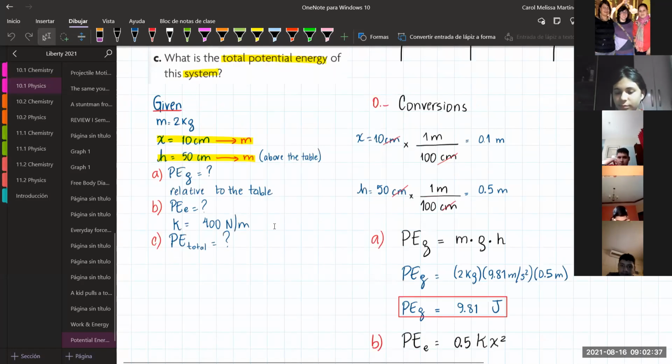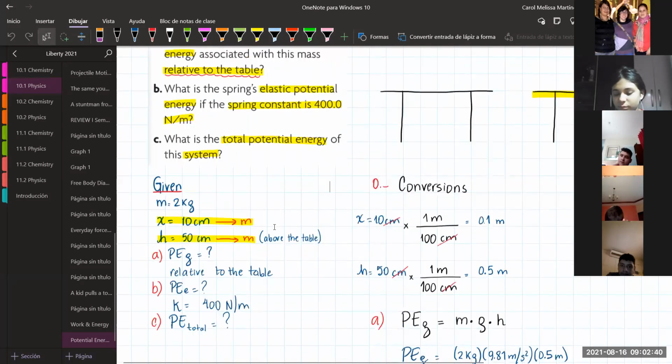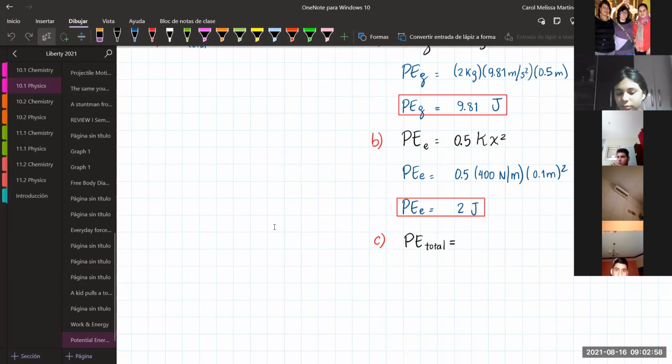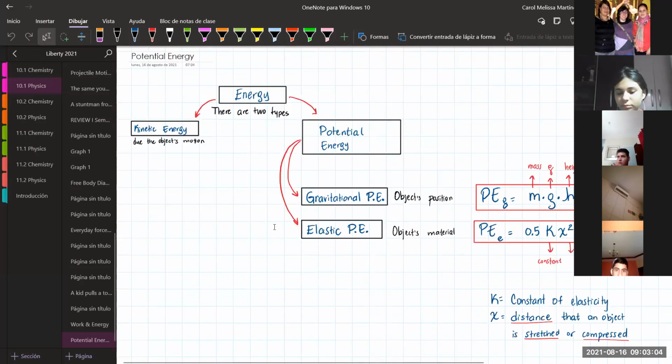Now, in the last part, it says that I need to get the total potential energy of the system. But I didn't give you any formula for total potential energy, so let me see. I need to find the PE total. Well, according to the map that I gave you about potential energy, it says that the potential energy is equal to gravitational and elastic potential energy.